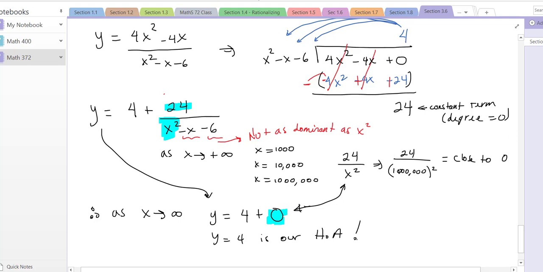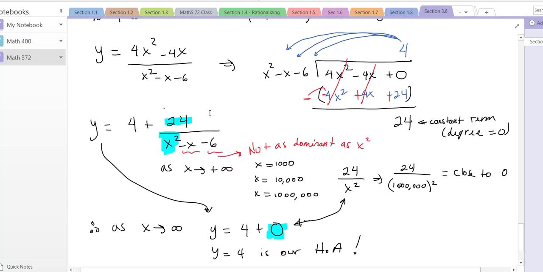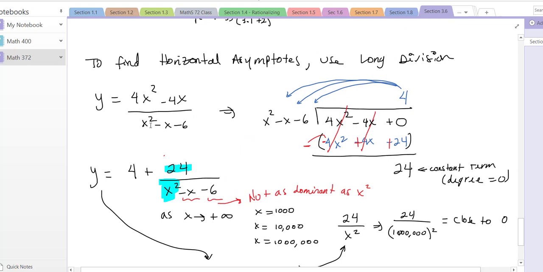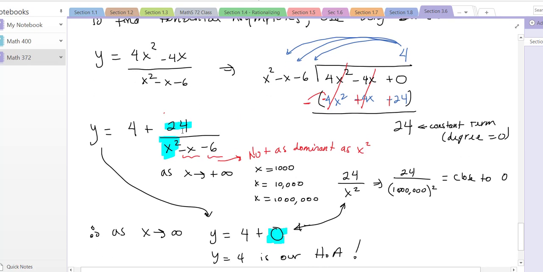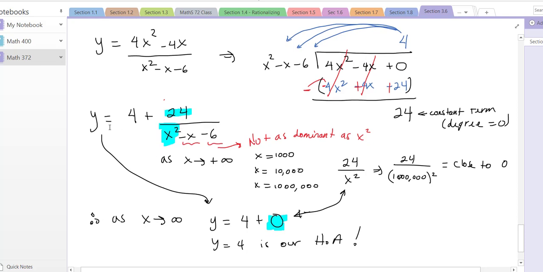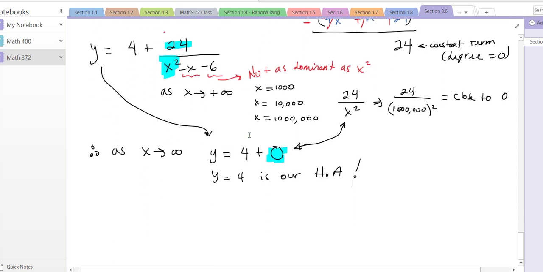Long division helps us see, as x goes to infinity, instead of having something like x squared over x squared, a million squared over a million squared, what is that doing? We can do the long division, and technically you can think of the quotient as your horizontal asymptote.